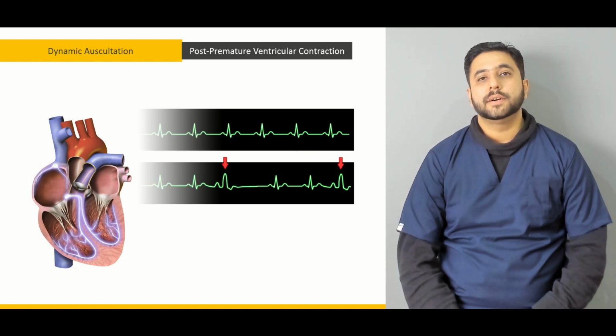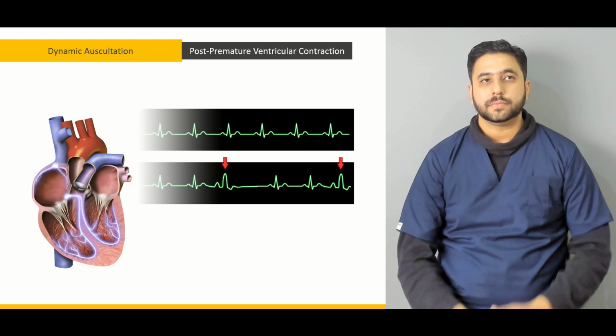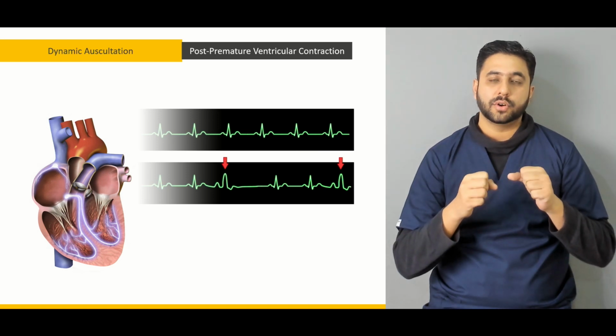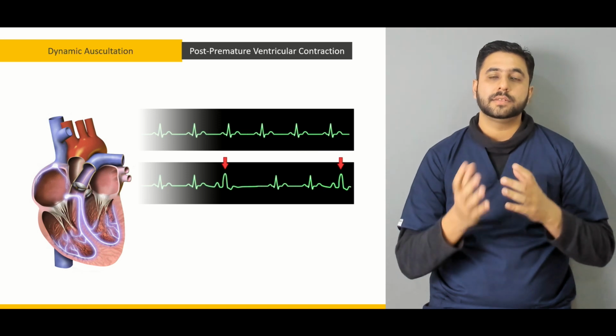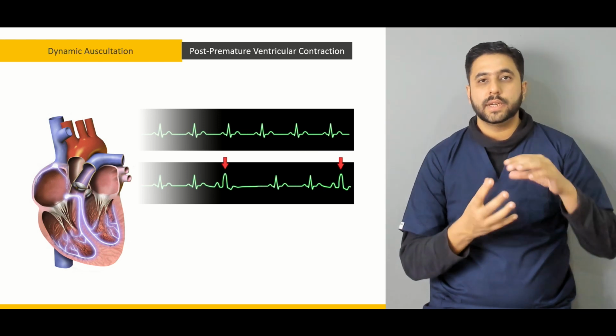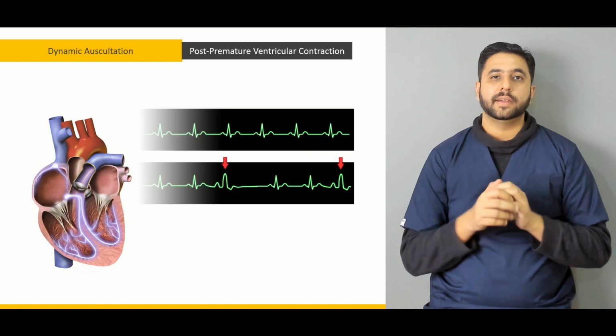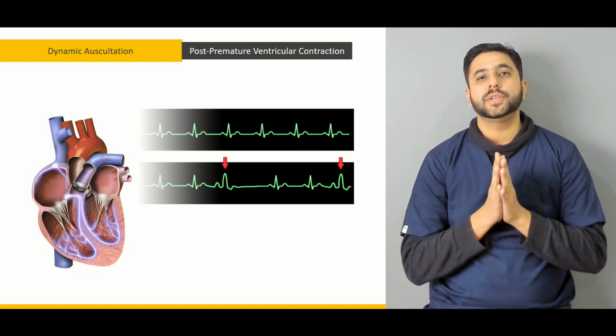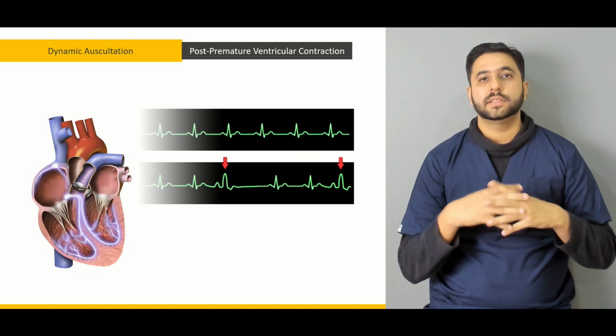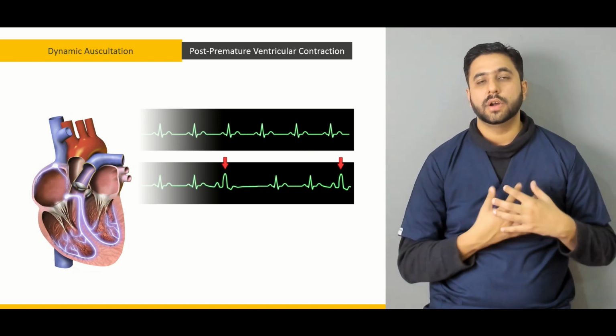What happens with the premature ventricular contraction is, instead of normally contracting in synchrony, the ventricle contracts just prematurely before a beat. So this leads to an increased pulling of blood into the ventricle or the increased expansion of the ventricle.